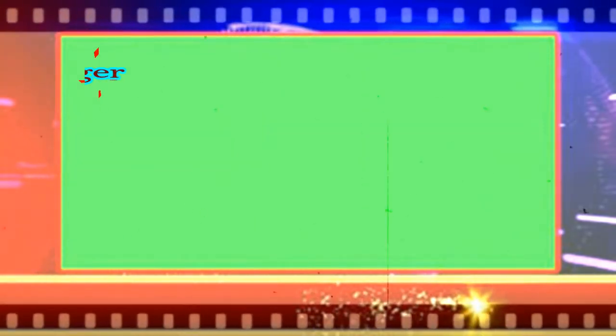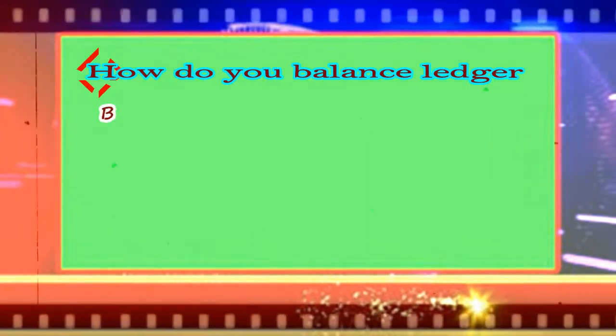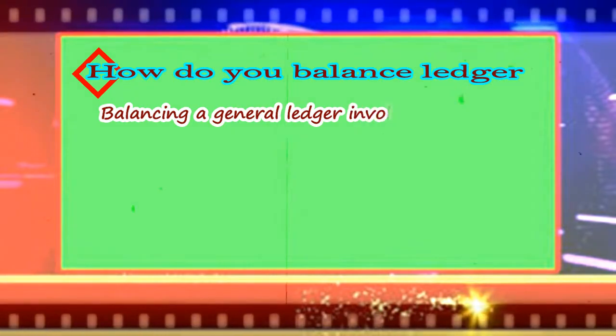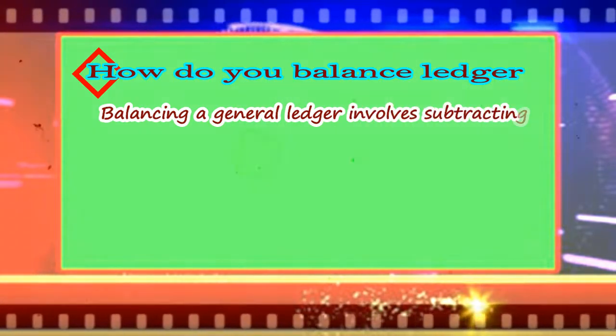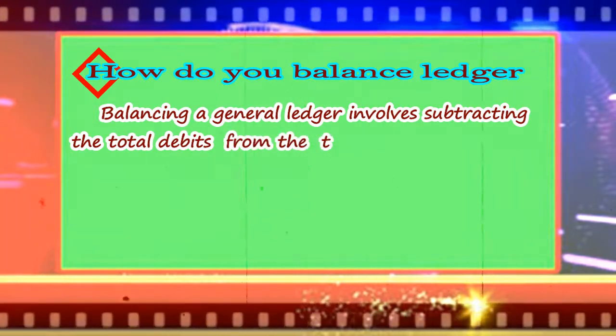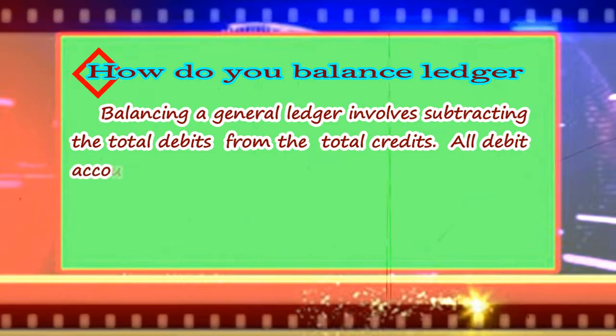Now, next question is, how do you balance a ledger? Balancing a general ledger involves subtracting the total debits from the total credits.